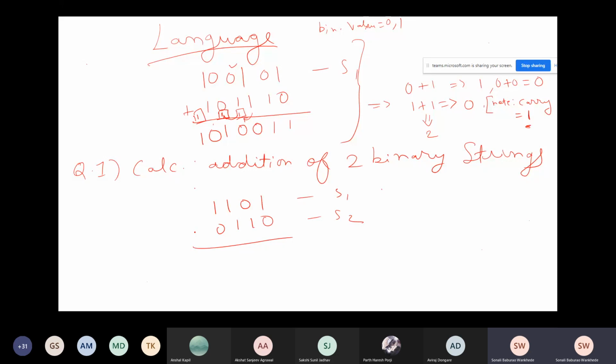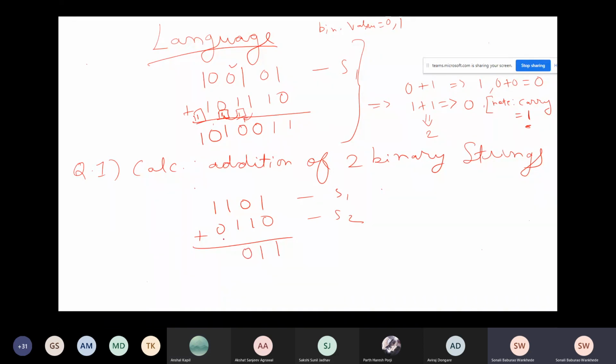How will I perform addition here? Now you tell me the answer. 1 plus 0 is 1, 0 plus 1 is 1, 1 plus 1 will be 0, not 2. Then 1 0 plus 1, see this, it will be 0. And what else?